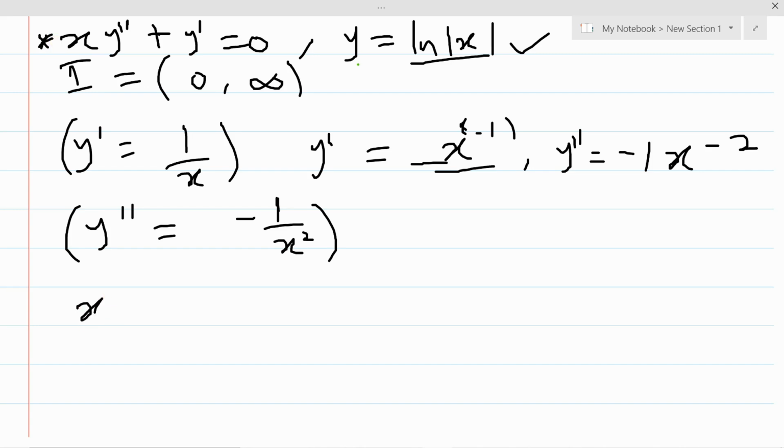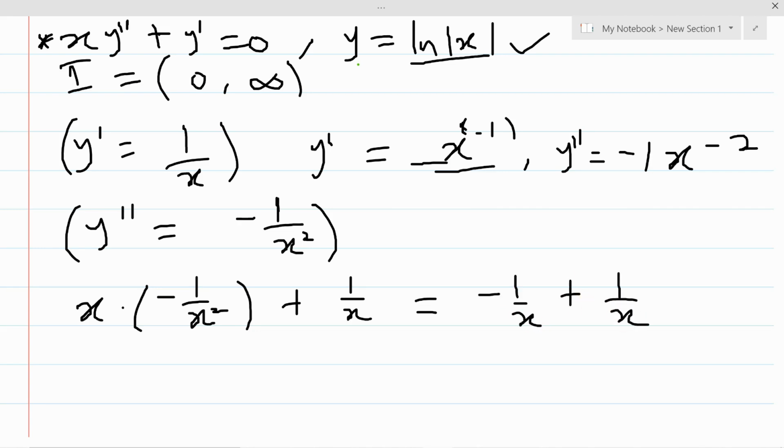In the original equation, you have x times y prime prime, which is negative 1 over x squared, plus y prime, which is 1 over x. One of the x will cancel one of the x squared, so we'll be left with negative 1 over x plus 1 over x.